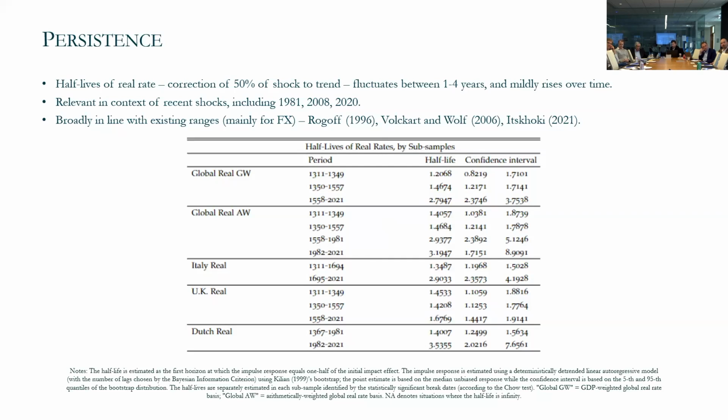So we find that it takes between 1 and 5 years for a shock to the global real interest rate series to reverse 50% of its deviation, which surprised me a little bit on the low side, but it actually falls within a range of existing work on the FX side, particularly Ken Rogoff has done stuff on the FX side. Obviously, other people have looked at this, economic historians like Volker and FX.